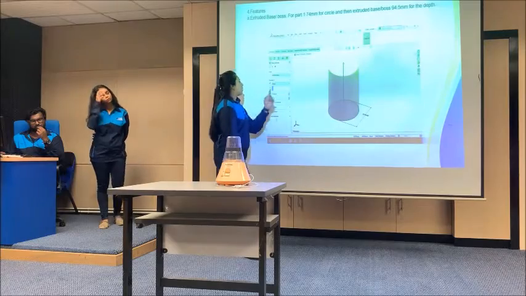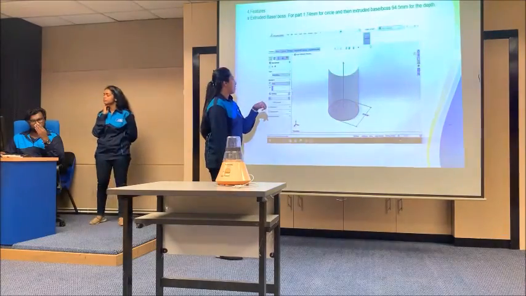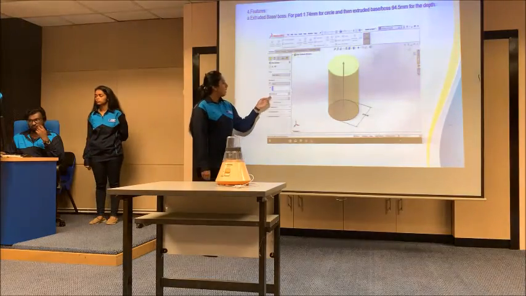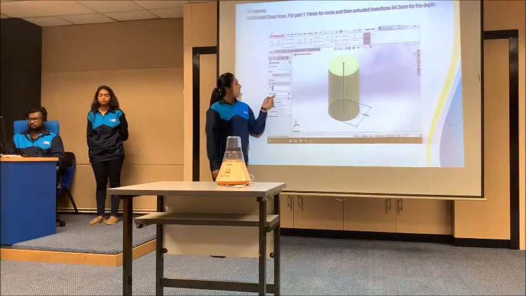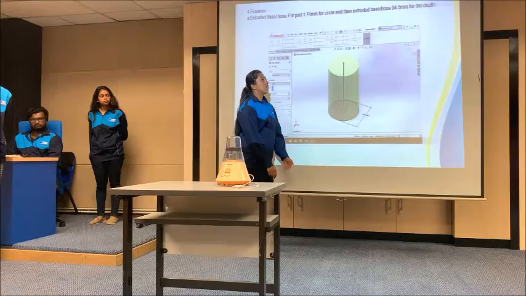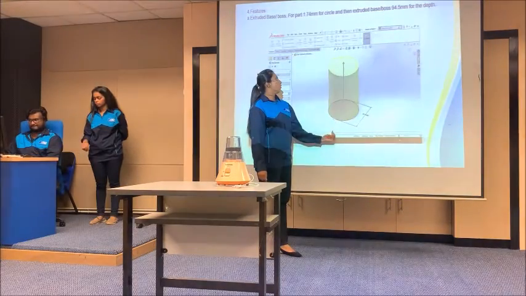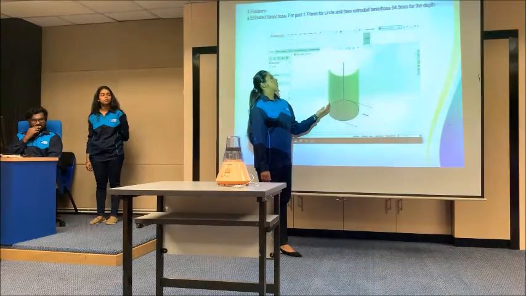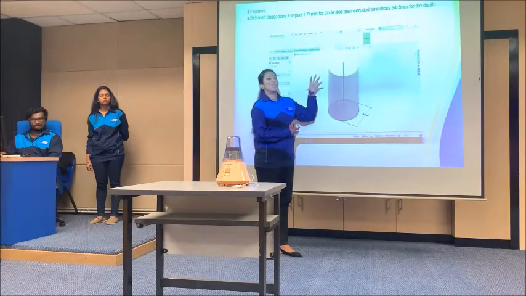Then coming to the second step, we extrude the base by 54.5 mm. That means we are giving some depth upwards, giving shape to our object.